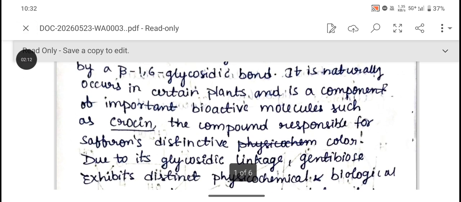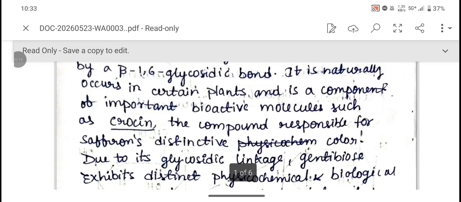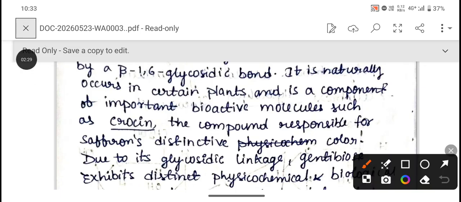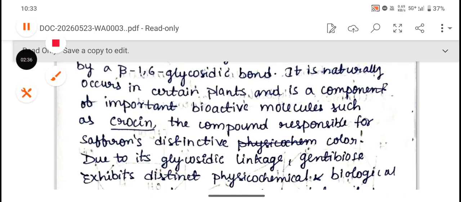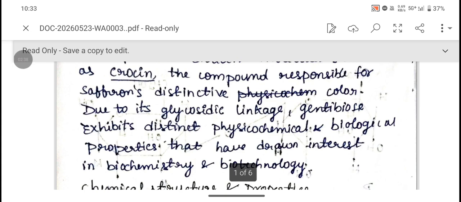Crocin is an example of one such bioactive molecule; it enables the saffron to produce a certain color. Due to its glycosidic linkage, Gentiobiose exhibits distinct physicochemical and biological properties that have drawn interest in biochemistry and biotechnology.